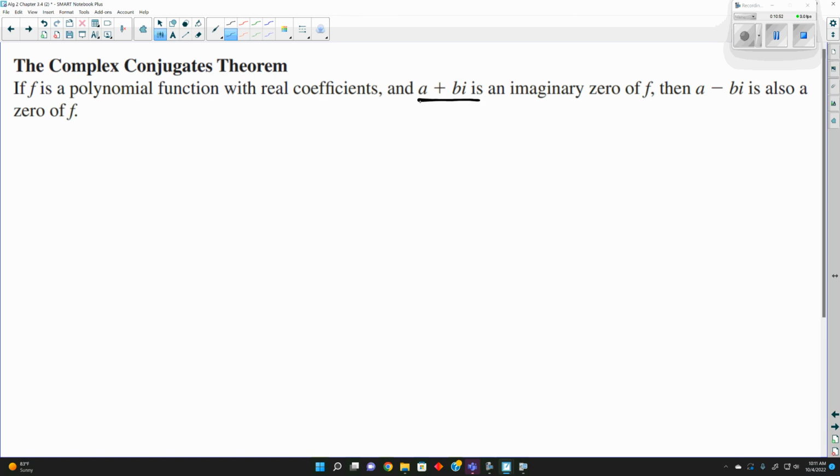And the complex conjugate for a plus bi is a minus bi. And we'll get into, especially when we have solutions, if a plus bi is a solution, a minus bi is a solution. What we call these two are complex conjugates. So a plus bi's conjugate is a minus bi. Questions on this so far?